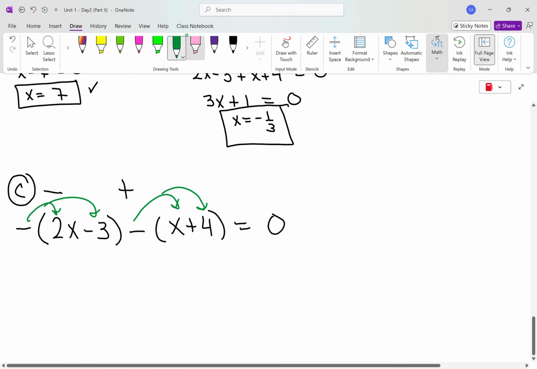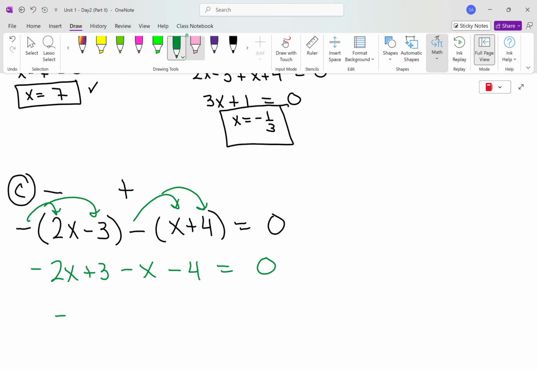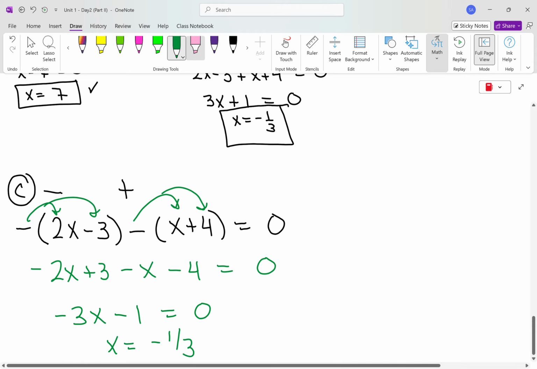Yes, because we're distributing that negative. So we're going to distribute that negative. So we will get negative 2x plus 3 minus x minus 4. So we will get a negative 3x minus 1. And once again, we get a negative 1/3. Didn't we already get a negative 1/3? We know it works. Do I need to recheck that again?